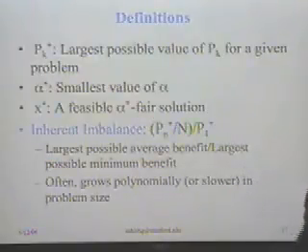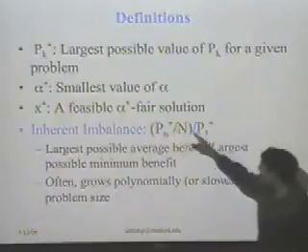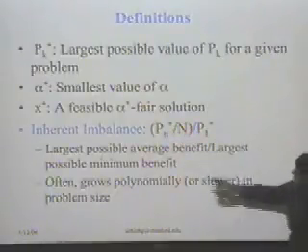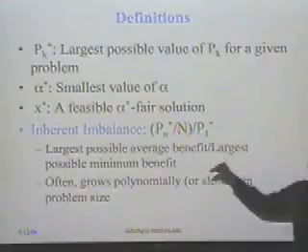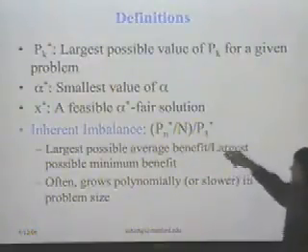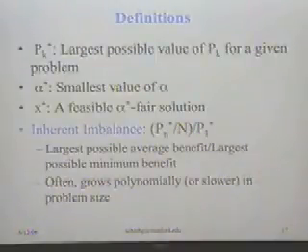I'm going to define the inherent imbalance of a problem as (p_n star divided by n) divided by p_1 star. p_n star divided by n is the largest possible average benefit in the system, and p_1 star is the largest possible minimum benefit. You can think of the ratio as the gap between, given some set of constraints, running a socialist economy and a capitalist economy. The two are going to have some difference, and that ratio is what I call the inherent imbalance.